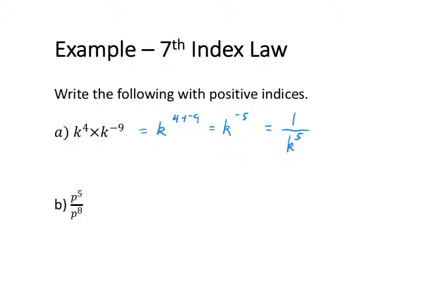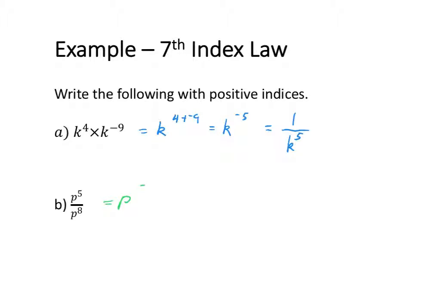Before applying the seventh index law, it is best to apply all the other index laws to simplify it first. So having a look at b, p to the power of 5 divided by p to the power of 8. This time I want to apply the second index law.